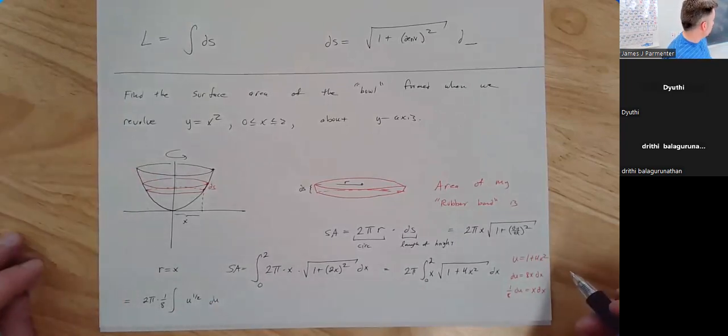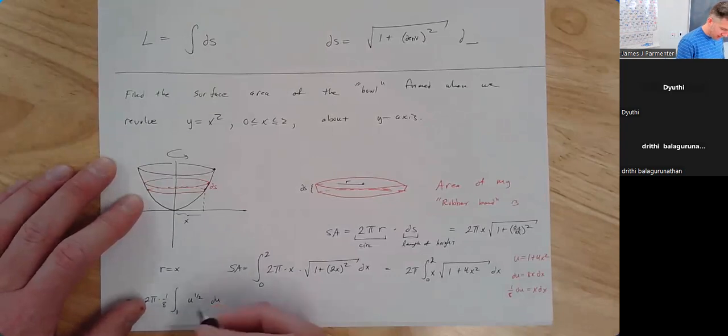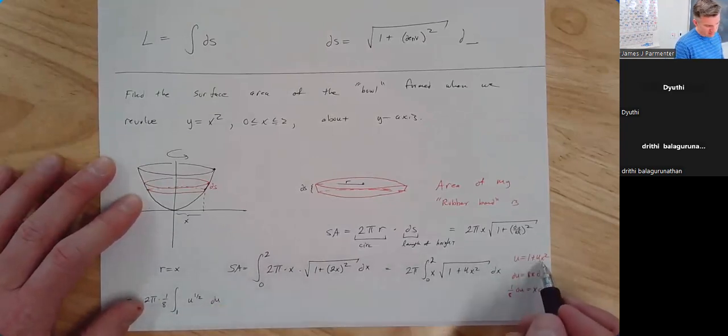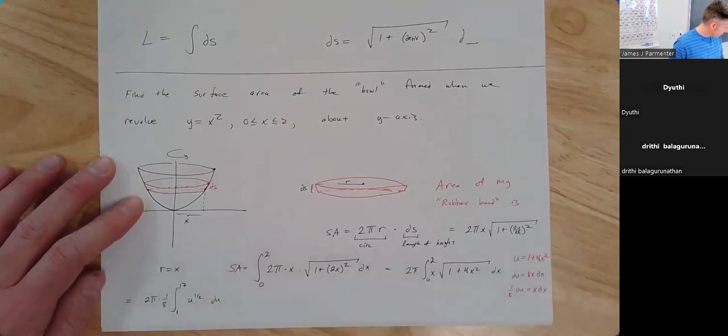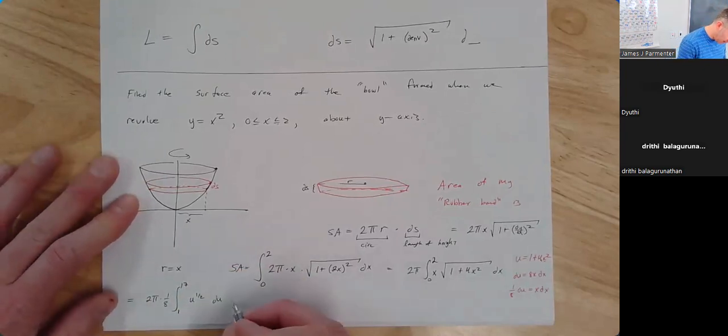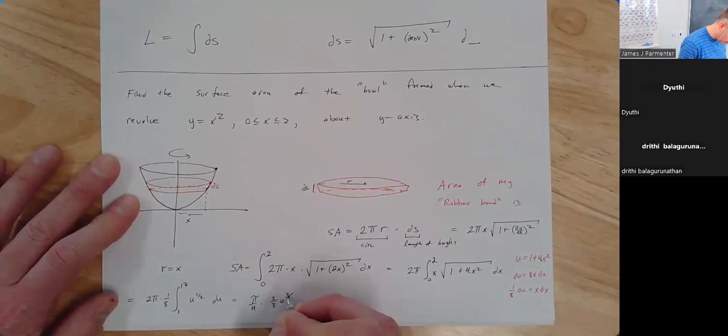I like to change my limits of integration. Instead of x equals 0, I'm going to say u equals 1 plus 0. Instead of x equals 2, u equals 4 times 4 is 16 plus 1 is 17. Then we integrate. We've got pi over 4. The integral of u to the 1/2 is 2/3 u to the 3/2 from u equals 1 to u equals 17.